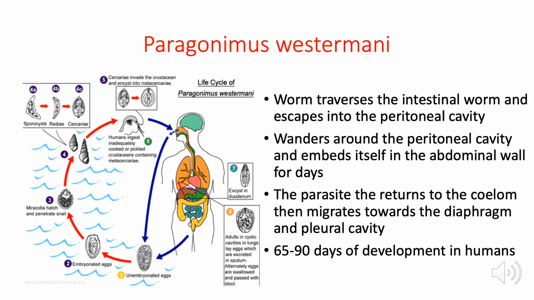So for that metacercaria to mature as the adult, it must traverse through the wall of the intestine and escape into the peritoneal or abdominal cavity. Do you know at some point, this metacercaria will just wander around the abdominal cavity, and sometimes they might embed themselves on the wall of the cavity.